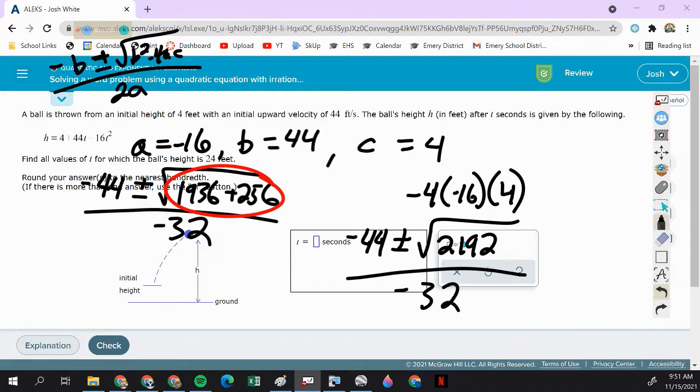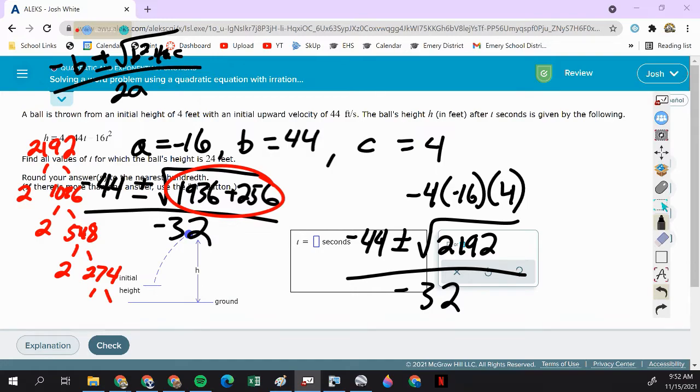What goes into 2192? Well, I know 2 does. So I can divide that by 2. 2 and 1096. What goes into 1096? 2 does. So 2 and 548. So 548 divided by 2 is 274.